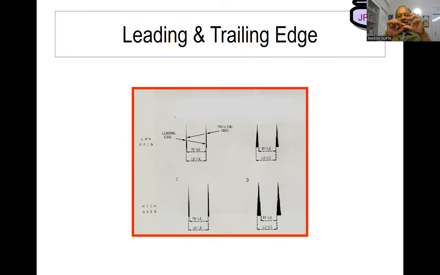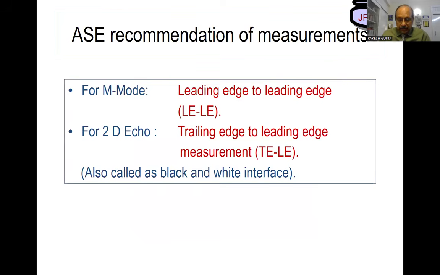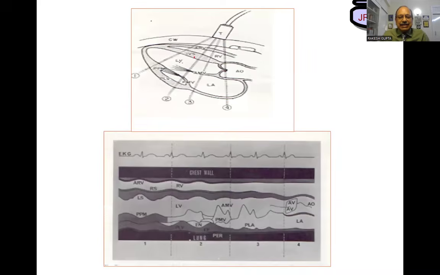If this is another image, this becomes the leading edge and this becomes the trailing edge. If I'm doing M mode evaluations, I'm talking of leading edge to leading edge. If I'm doing 2D measurements, I'm talking of trailing edge to leading edge. Are you clear?